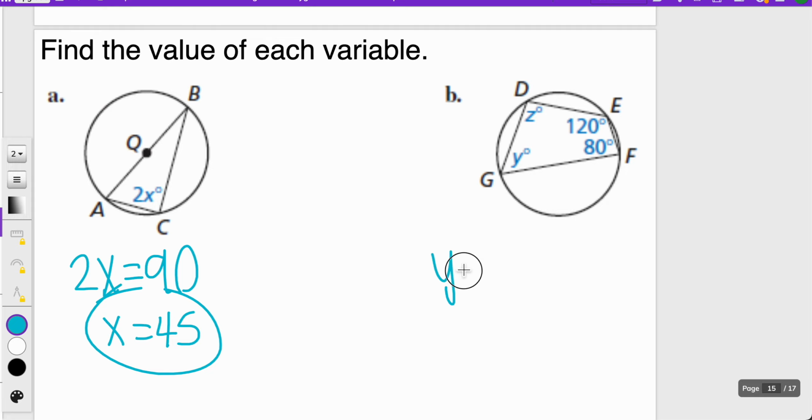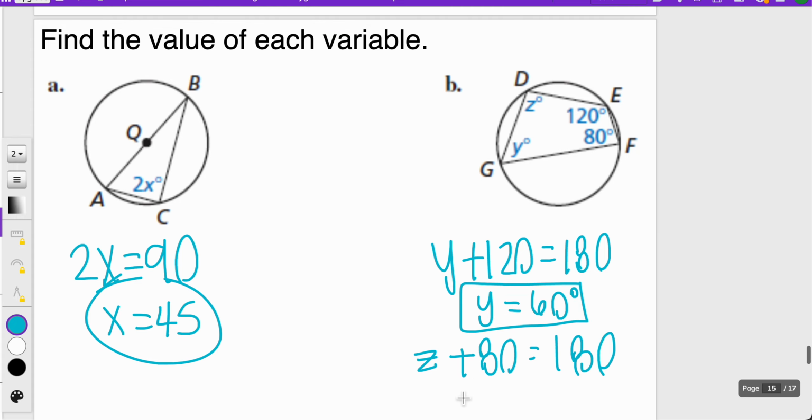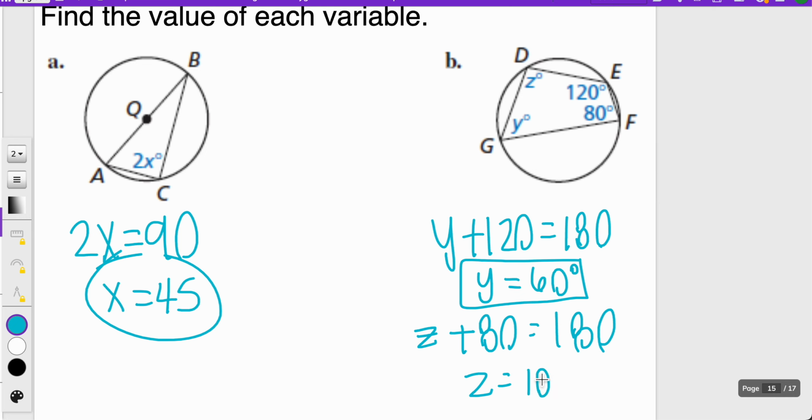So y plus 120 equals 180, and z plus 80 would also equal 180 because they're both supplementary. So y would be equal to 60 degrees, and z is equal to 100 degrees. Okay, so that's how those are done.